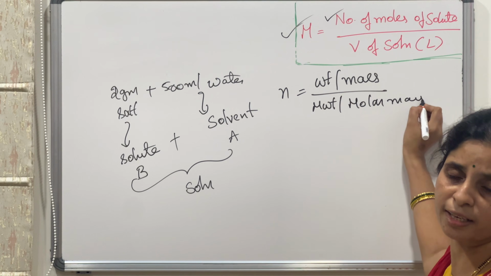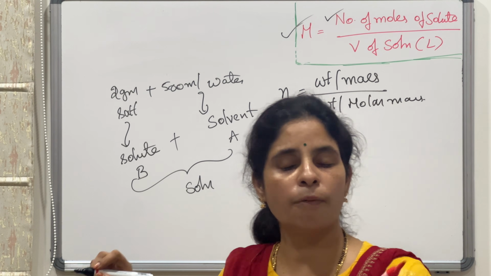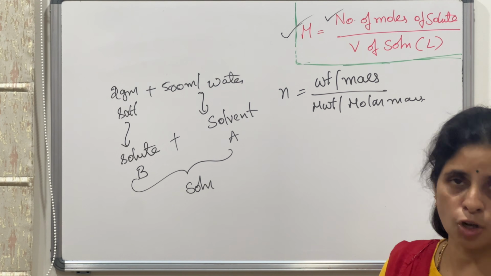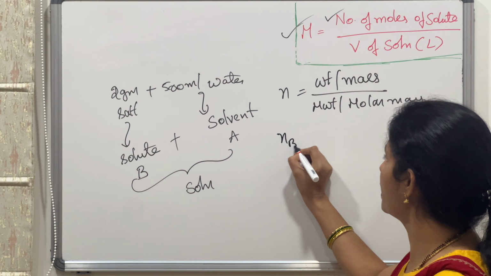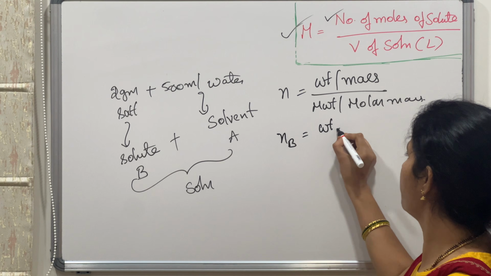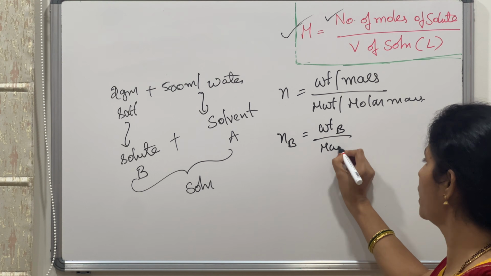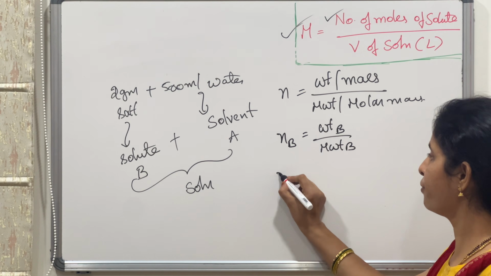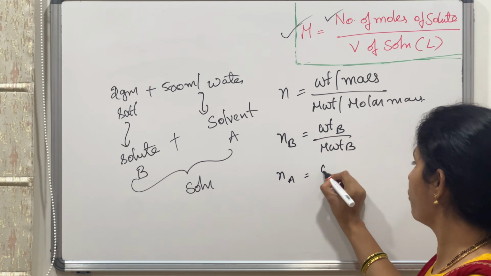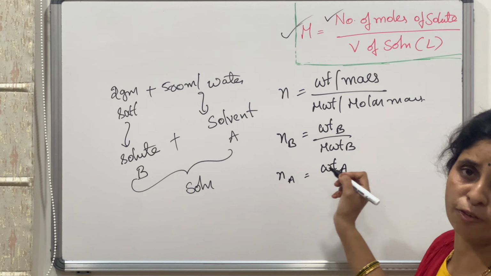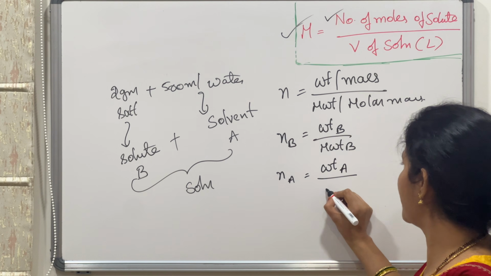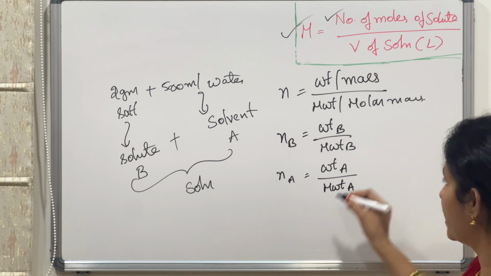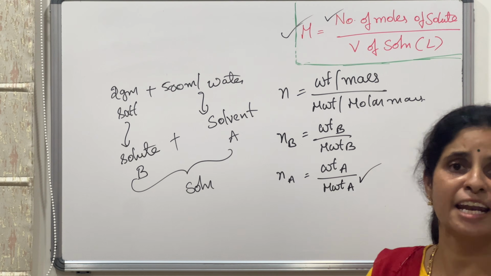If it is a solute, it is nB: weight of B by molecular weight of B, you will get the number of moles of solute. If it is a solvent, then nA is the weight of the solvent in grams divided by the molecular weight of that solvent. This ratio gives you the number of moles.